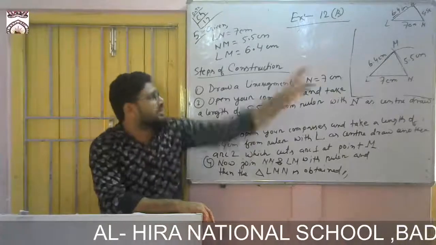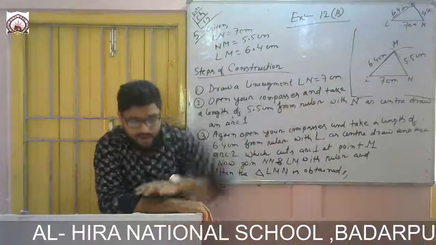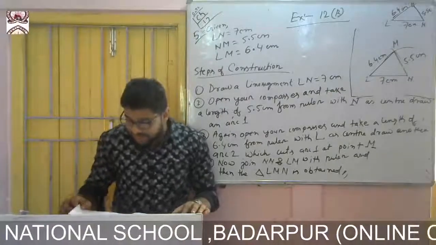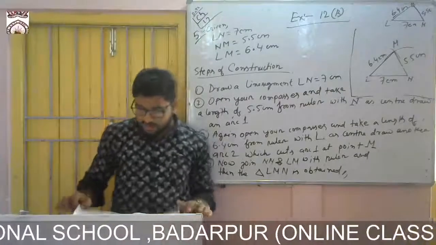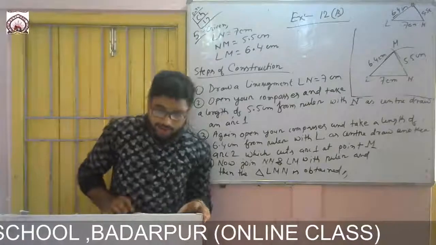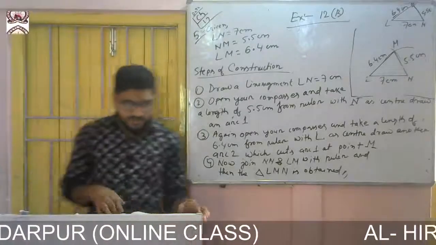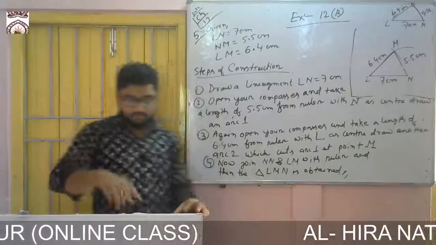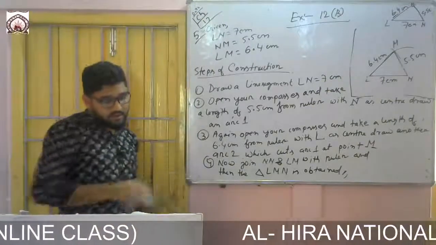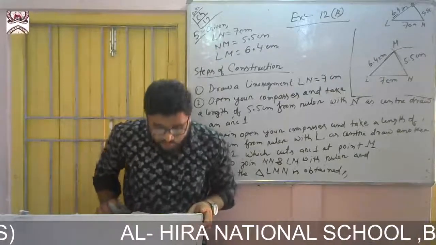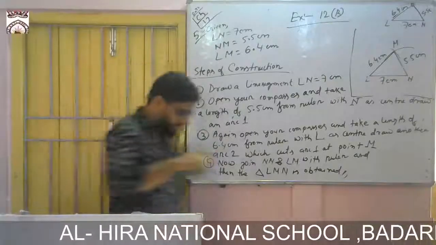Earlier we have drawn with the help of sides, SSS. Now 2 sides and 1 angle given. So we need to draw with that one. So how? You see the steps of construction. Triangle ABC, in which AB equals to 6 centimeter.